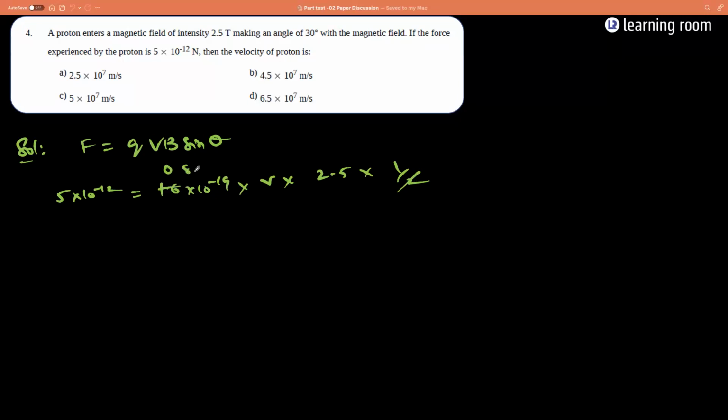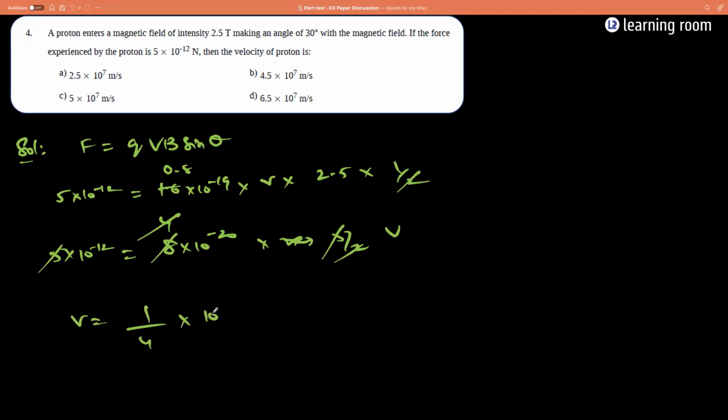So 0.8 into something, 8 into 10 power minus 20 is equal to 5 into 10 power minus 12 into 2.5. I'll write 2.5 as 5 by 2. This will go 4 times. So 5 and 5 are lost. V will be equal to 1 divided by 4 into 10 power 8. So it will be 0.25 into 10 power 8, or 2.5 into 10 power 7. This is the answer. Fourth one is A.